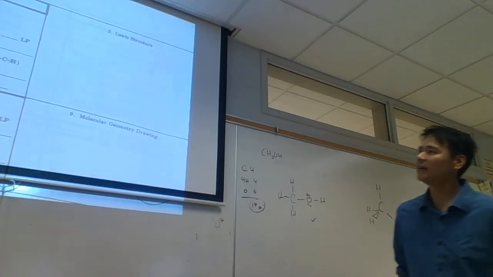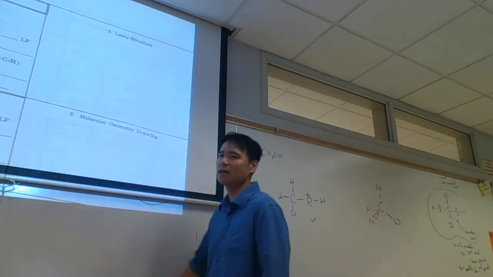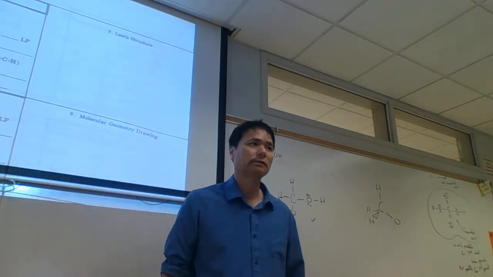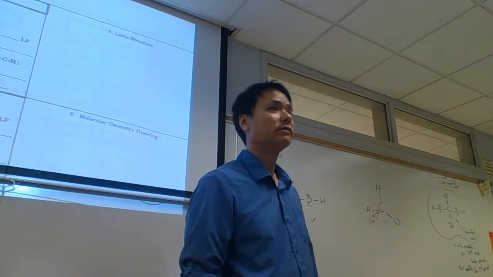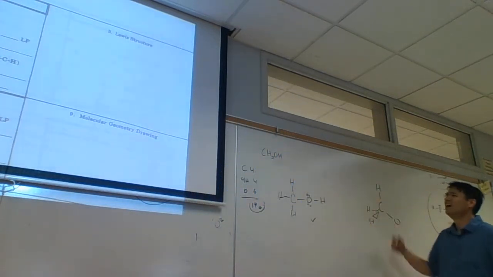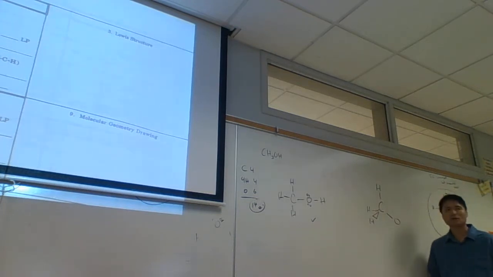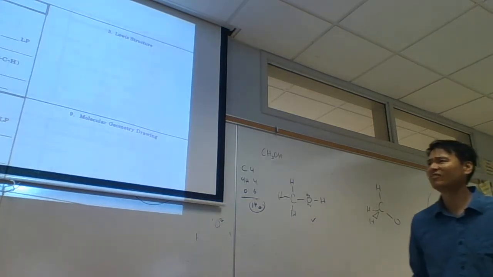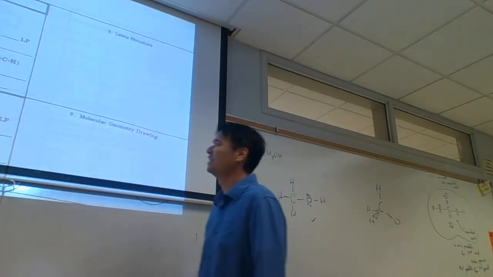What's the ideal bond angle? The HCH angle? 109.5. You know, I don't expect any distortions to this because they're all single bonds. And if there is a distortion, it's going to be a very small distortion because this is oxygen versus hydrogen. But since they're all single bonds, I'd say the bond angle is going to be about 109.